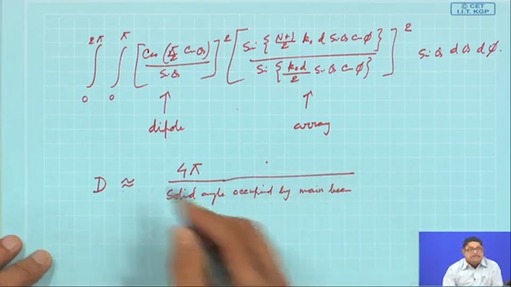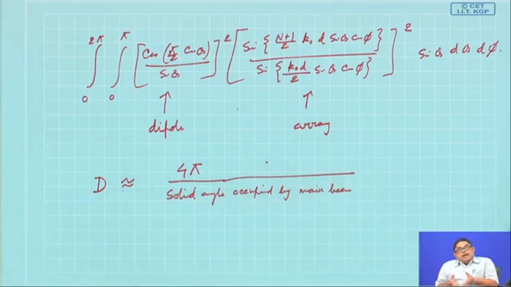This is an approximate definition, but approximately my antenna's main beam, the solid angle it occupies, that is in the denominator, and 4 pi is the solid angle occupied by the isotropic radiator.